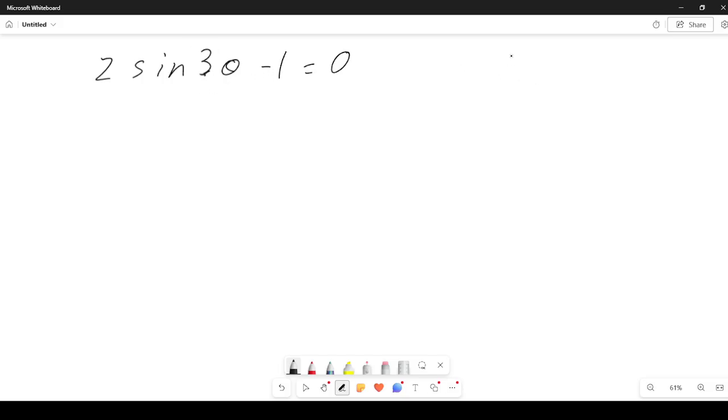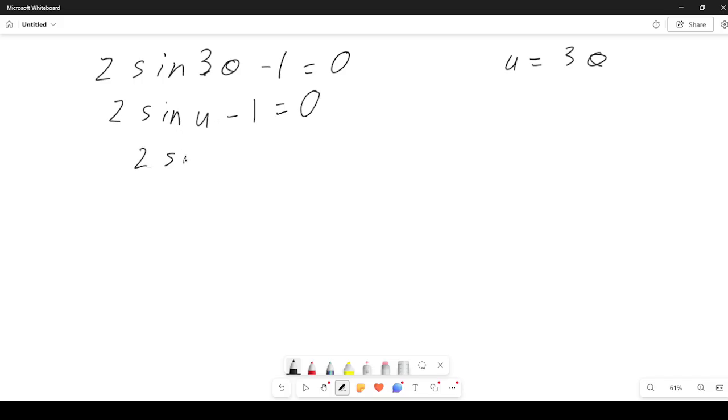So let's do a different substitution. Let's say u is 3 theta. So then we can say 2 sine of u. You can always substitute whatever you want, as long as you make sure to change back at the end.